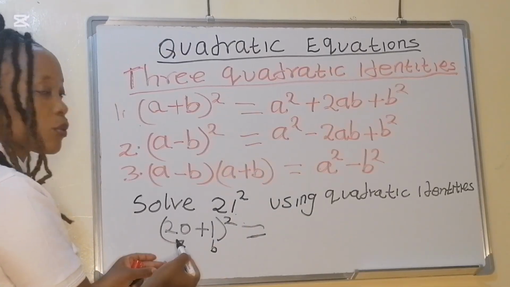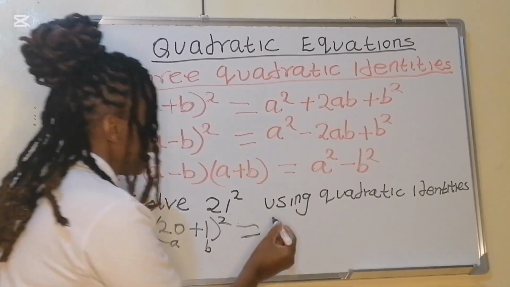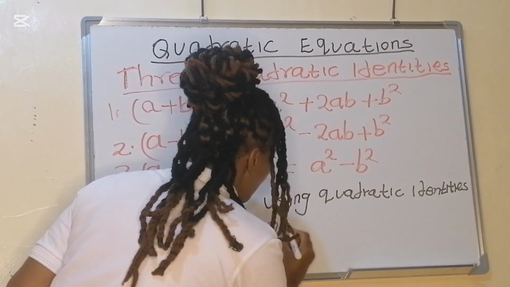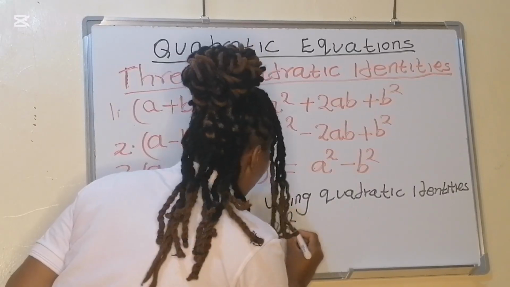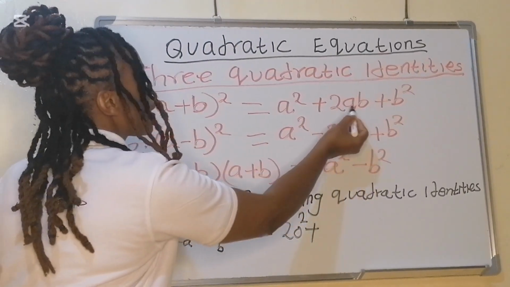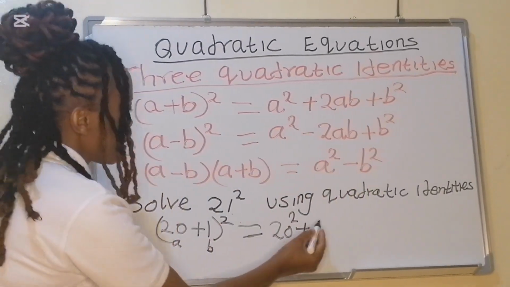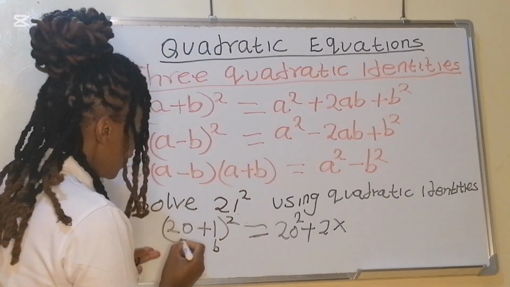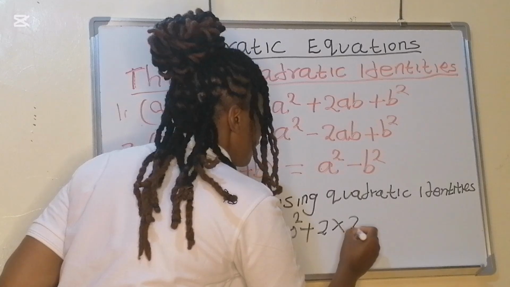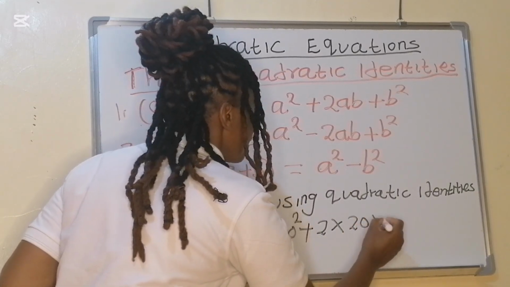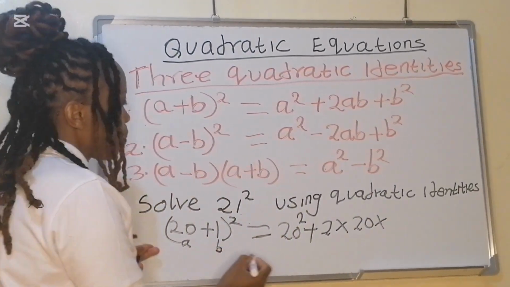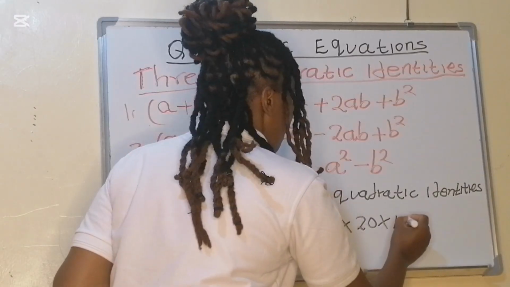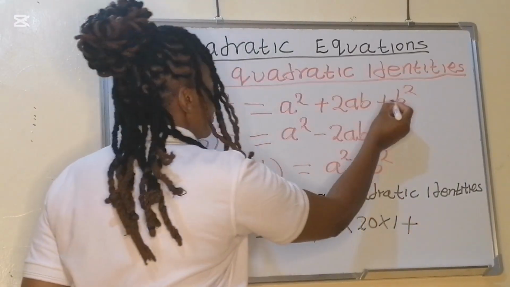A is 20, so it's 20 squared, plus 2 times A times B. It is 2 times A, 20, times B, 1, plus B squared.